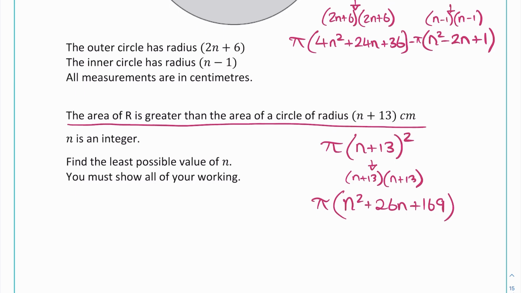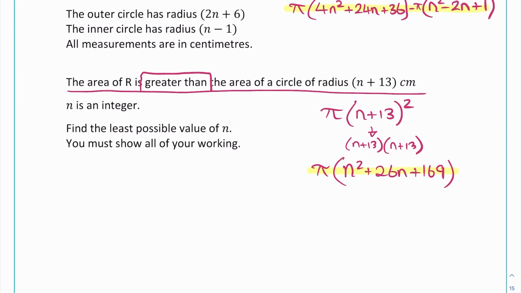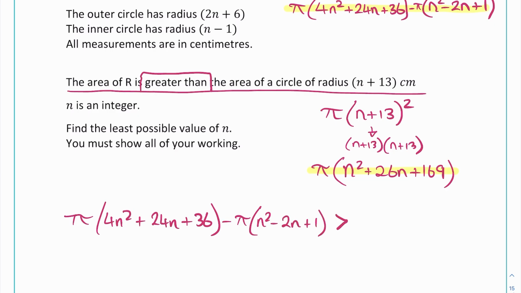So where it says greater than, the area of R is greater than that, that's going to set up an inequality. So if we take all of this, we know that that is greater than all of this. And if we write that out, we would have pi lots of 4n squared plus 24n plus 36 take away pi lots of n squared minus 2n plus 1, and that is greater than pi lots of n squared plus 26n plus 169.